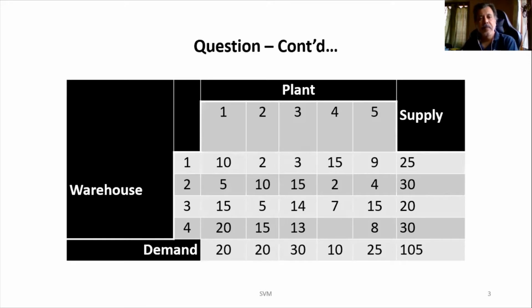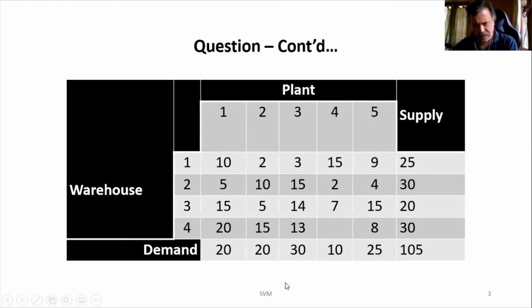This is the table. There are 4 warehouses and there are 5 plants. And for each warehouse to plant, the unit transportation cost is given. For example, from the 3rd warehouse to the 2nd plant, if I have to transport, I'll be incurring 5 per unit as the transportation cost.